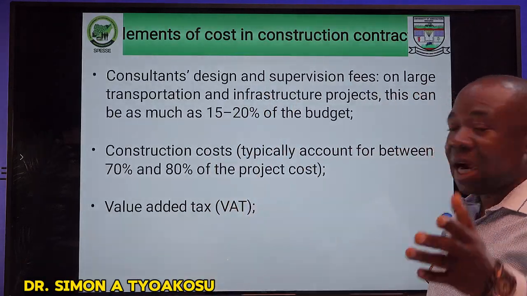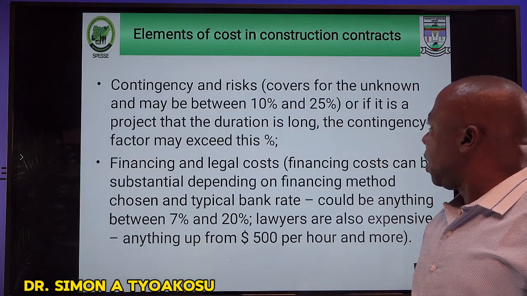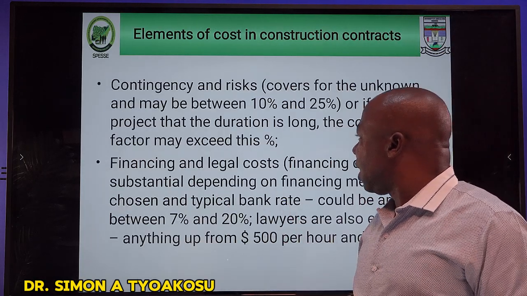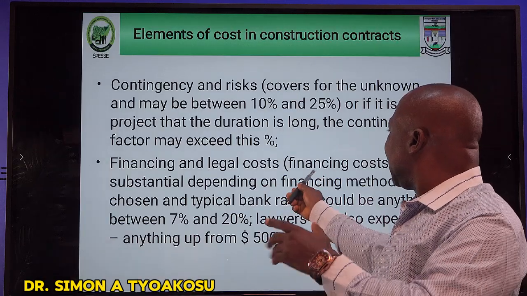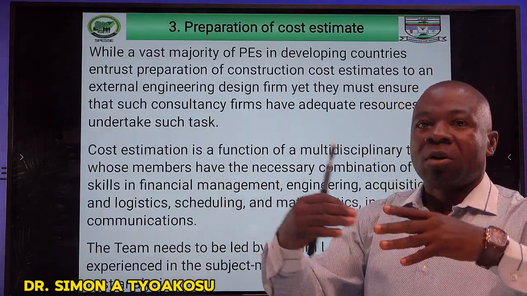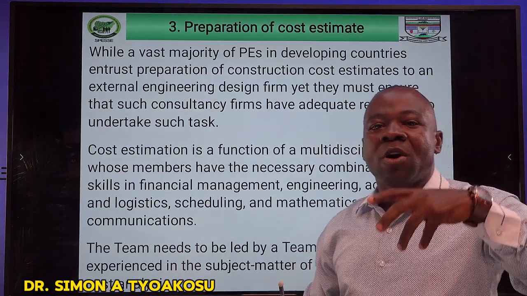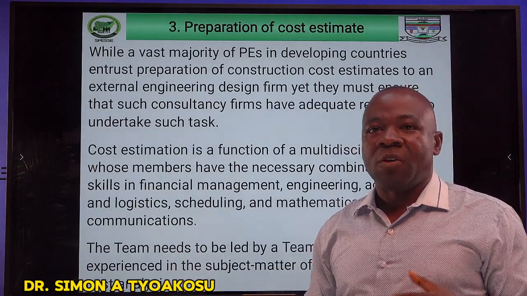Then the tax, value added tax, will also have to be added to it. Contingencies and risk, financing and legal costs, all of these have the exact range of value that is expected to come from the planner, the procurement officer of the organization.